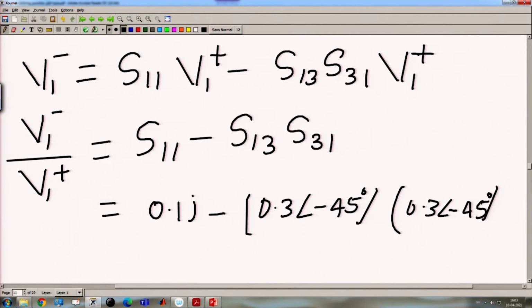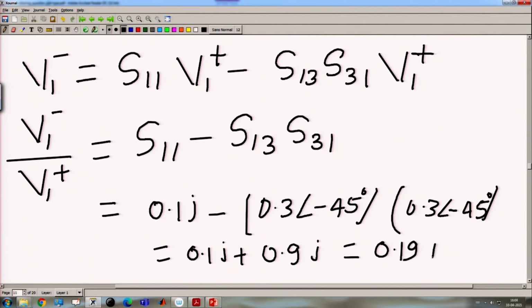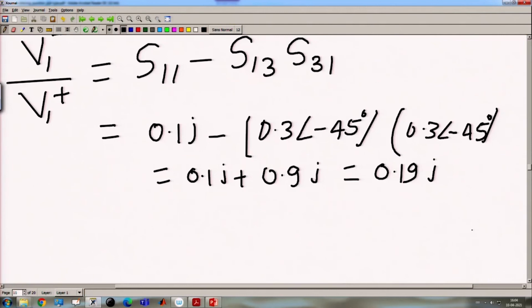After this will come 0.1 j plus 0.09 j, and this will come 0.19 j, and because j is 90 degree, this can be written as 0.19 90 degree.